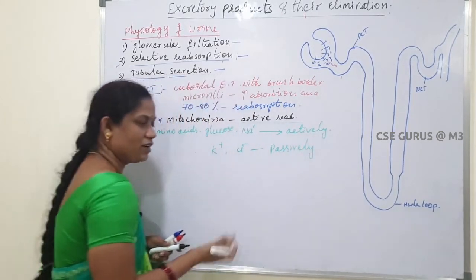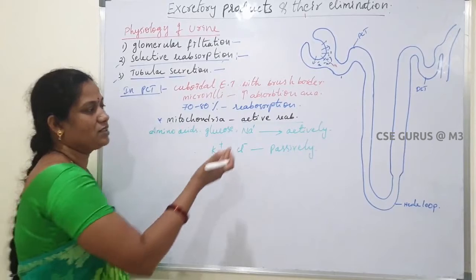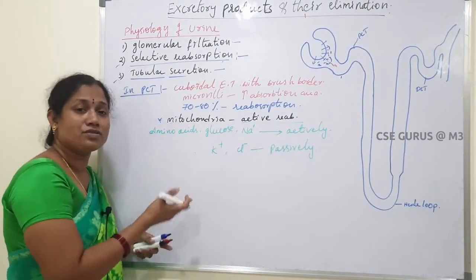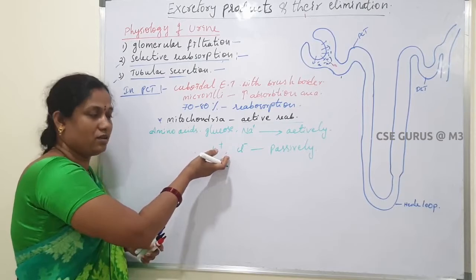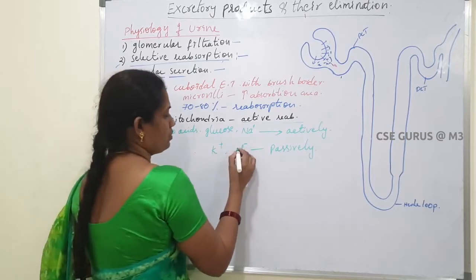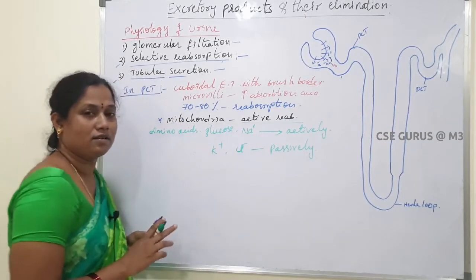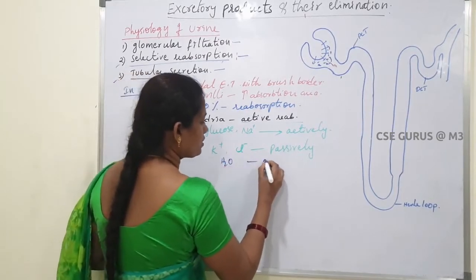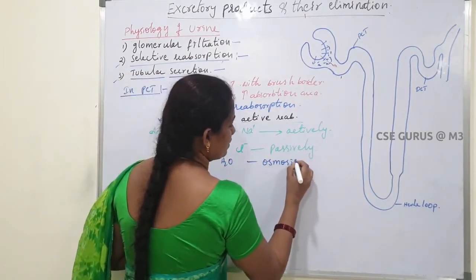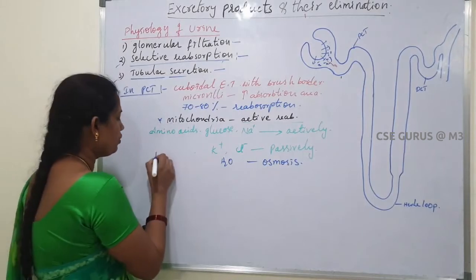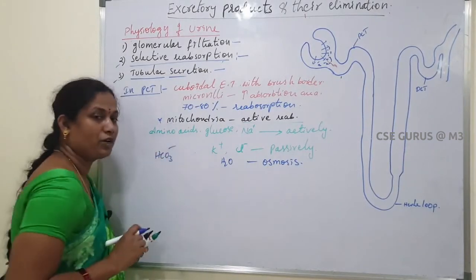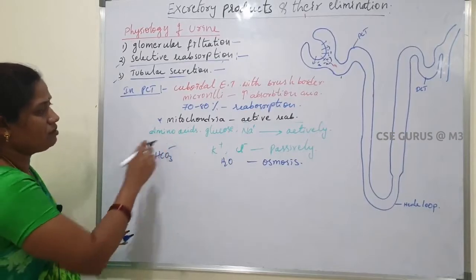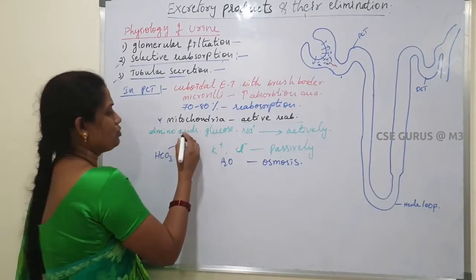Passively means ATP is not utilized, whereas in active transportation ATP is utilized. Next, water is absorbed by osmosis, and bicarbonate ions are also absorbed into the tissues. These are mainly amino acids, glucose and vitamins also.